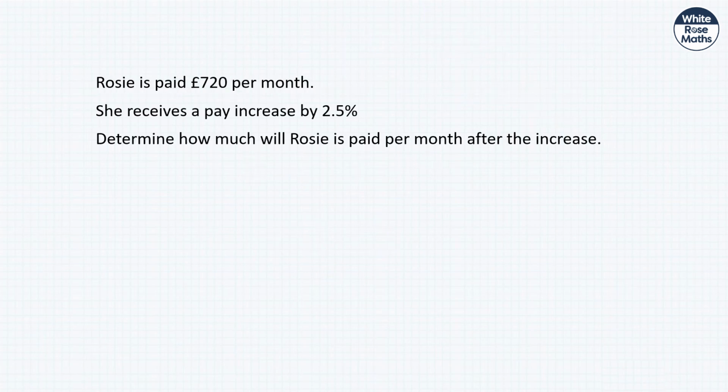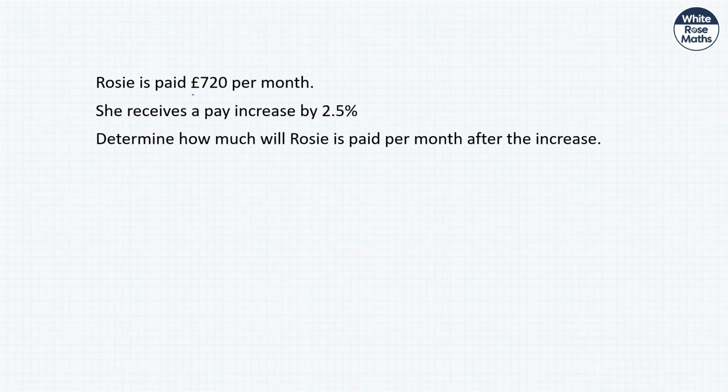There we go. Rosie is paid £720 a month. She receives a pay increase of 2.5%. Determine how much Rosie is paid per month after the increase.